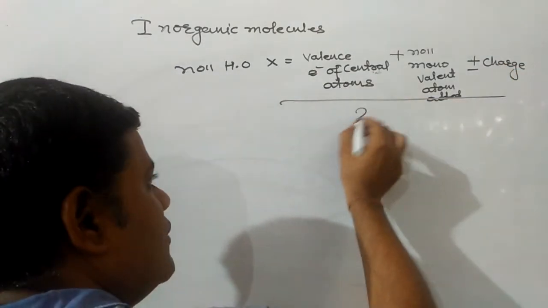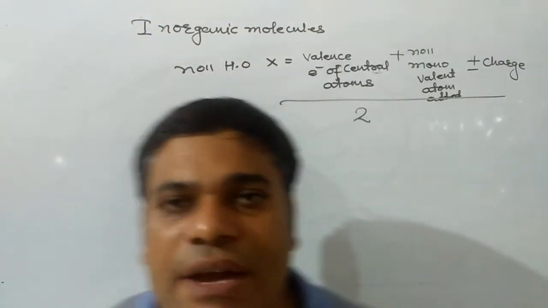By use of this formula, you will get a number, and on the basis of that number we can predict the hybridization state.